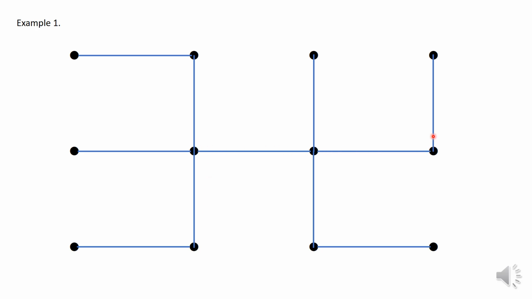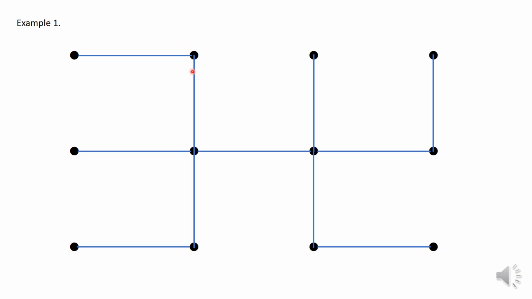So the straight lines here represent branches. In graph theory, instead of nodes and branches, we say vertices and edges. But for now, we will use the terminology of nodes and branches.